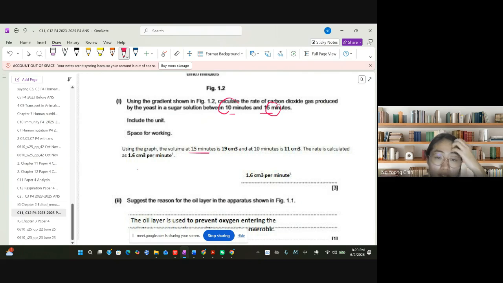So this one, how are you able to get this answer, 1.6 cm³ per minute?